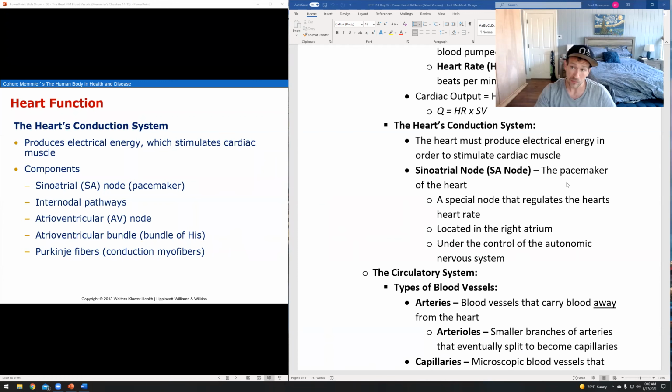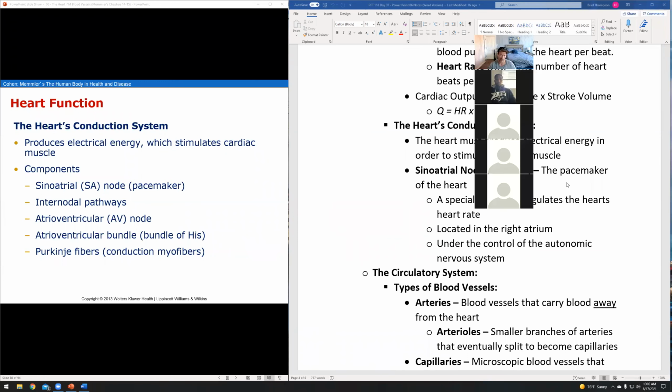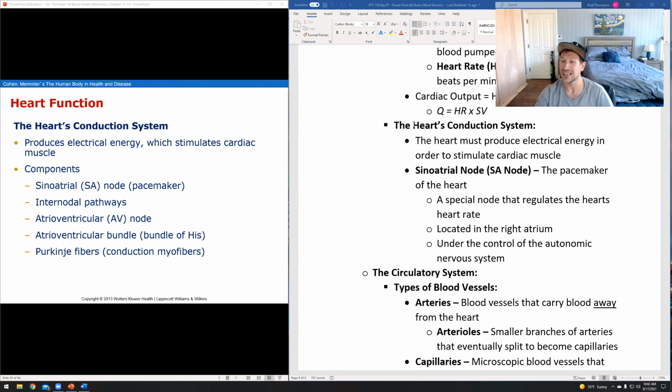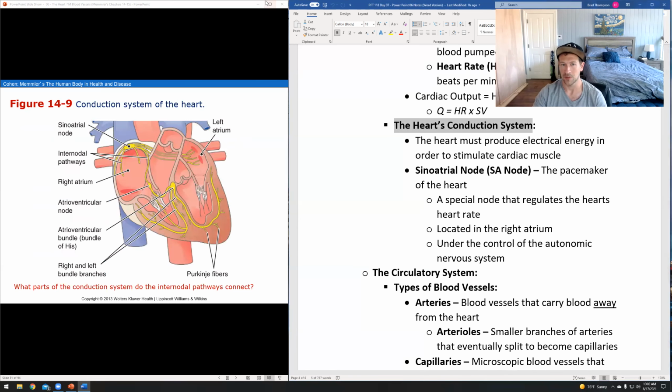And so we need to be able to control the rate at which this happens, because we need to sometimes speed our heart up if we're doing a lot of work, or slow our heart down if we're trying to rest, and so you have this electric system. We call it a conduction system that conducts electricity throughout your entire heart. And so your heart is really good at producing electricity, because of these leaky sodium and potassium channels.